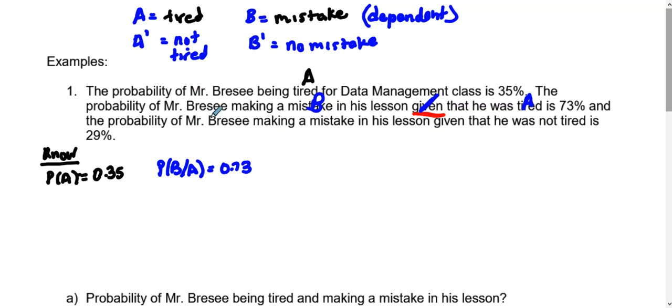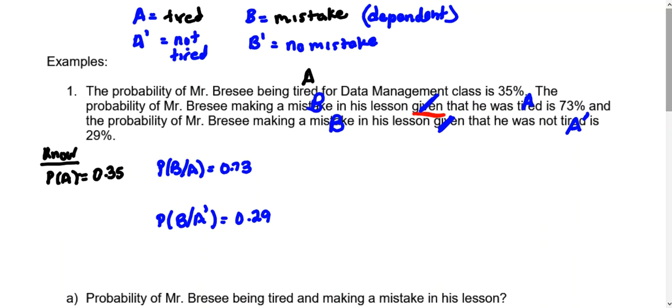Okay. And the probability of B, making a mistake, given not being tired, so that's A prime, I'm going to write this down here leaving a little bit of room for that. So that's 29%. Okay, so all that information we've written down so far is what we've taken from the problem.